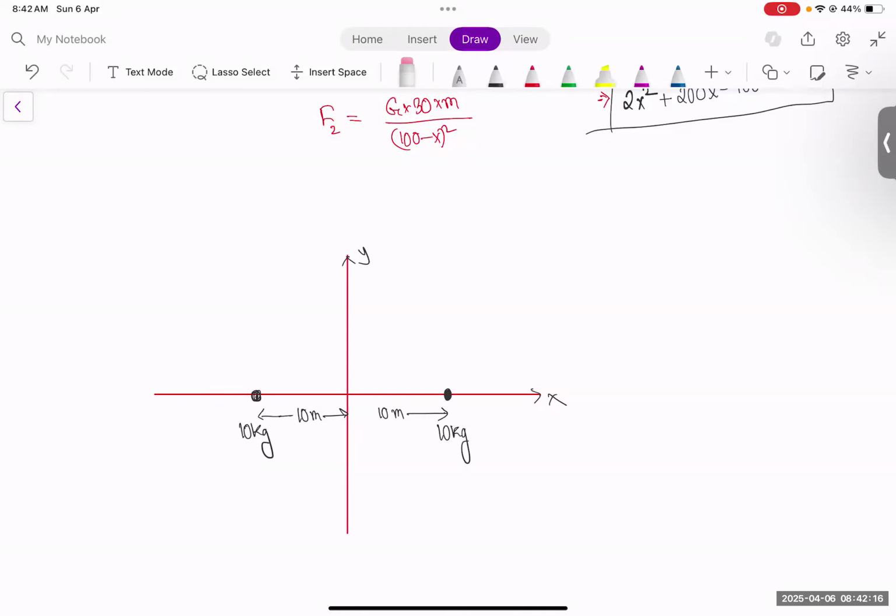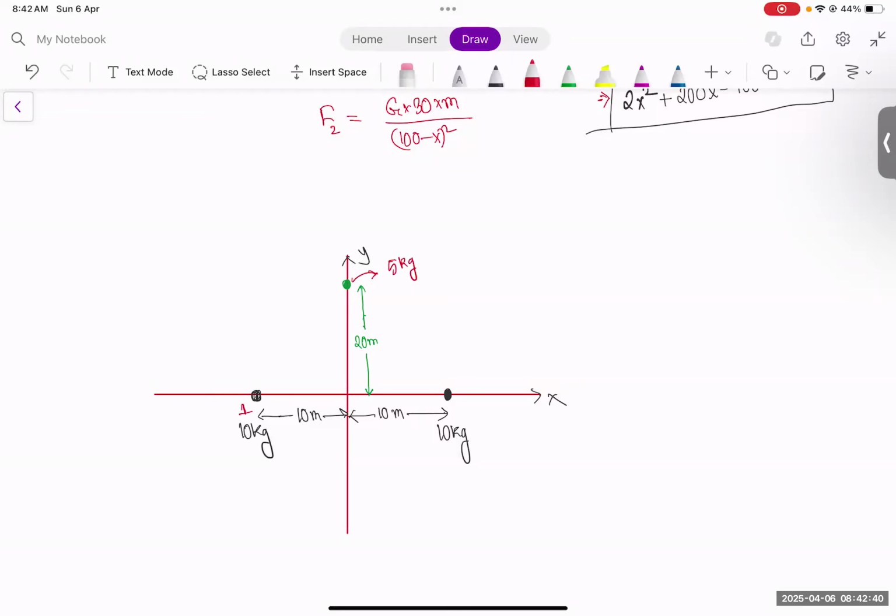So both of these are 10 meters each. All right, and then there is another object here, which is at height 20 meters. And its mass is 5 kg. We want to know the net force on the 5 kg object.